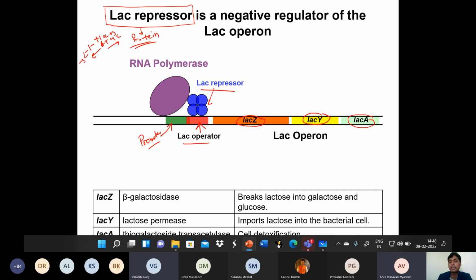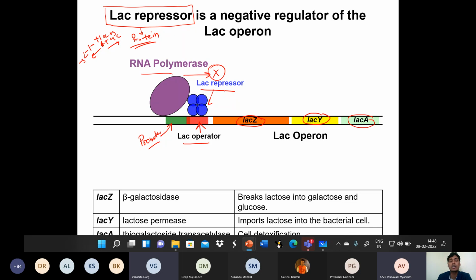If this protein, lac repressor, is tightly bound to the lac operator, what will be the functional outcome for RNA polymerase? It can't move in this direction. Why? Because lac repressor is obstructing the RNA polymerase from moving in this direction.